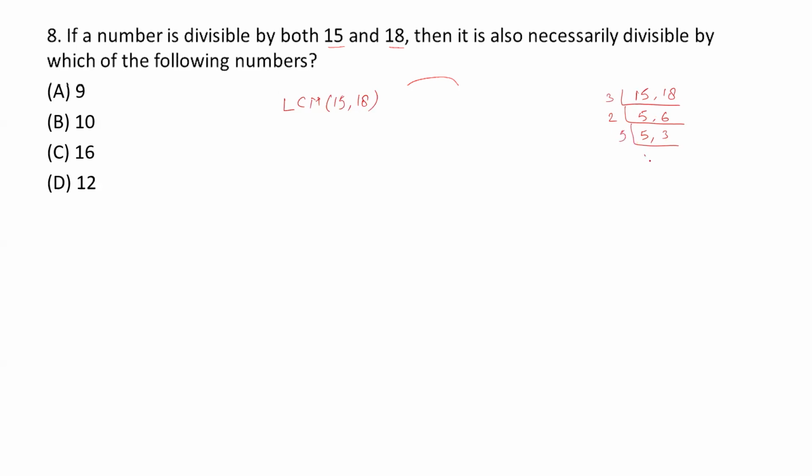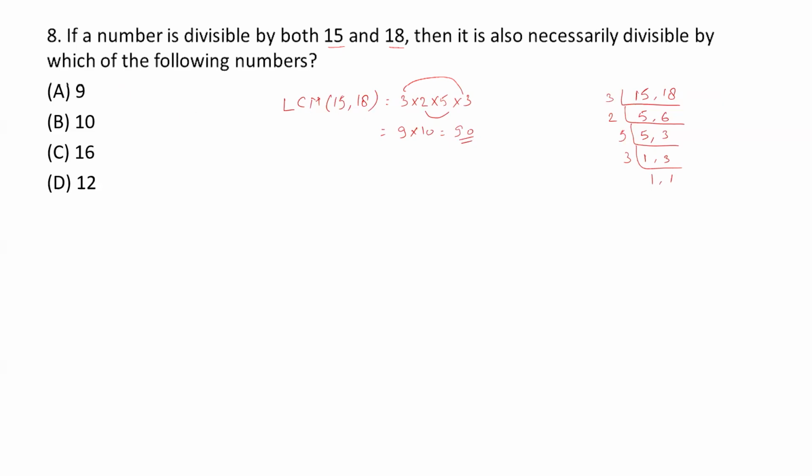Again you have to take 5, it is 1, it is 3. Take 3, it is 1, 1. So LCM is equal to 3 into 2 into 5 into 3. That is 3 into 3 is 9, 2 into 5 is 10. That is 90. So 90 is the number.